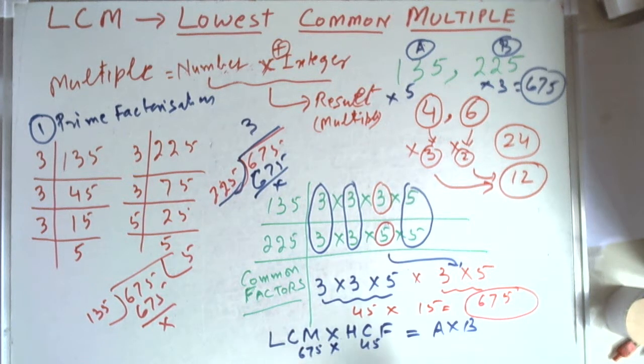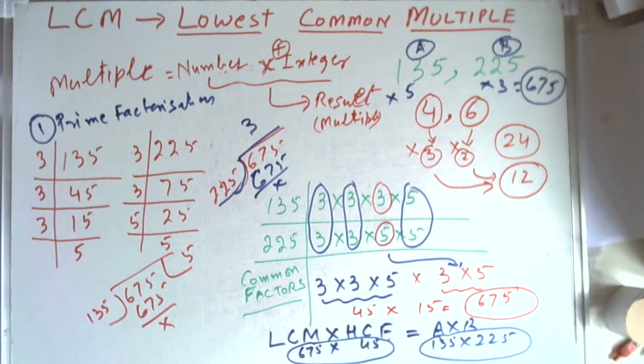So 675 into 45 will be equal to 135 into 225. So in case it is only a 2-number type of problem, once we know the HCF, then applying this formula, LCM into HCF equals the product of numbers, we can find the other. So we can just get the HCF and then divide the product by the HCF, and we will be able to get the LCM.